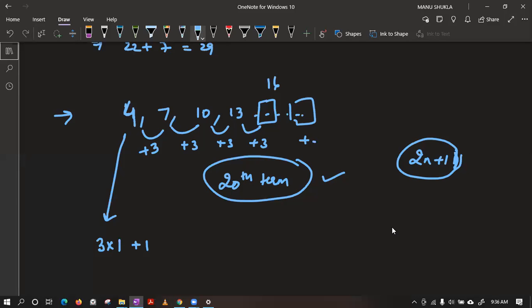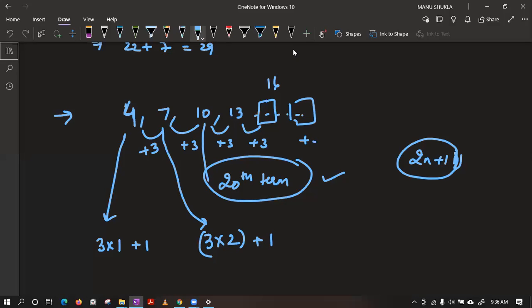So everyone is agreeing with me. Now what about 7? Can I write this 7 as 3 into 2 plus 1? Yes, I can write like this. So you can see I am trying to write the given numbers in a particular way so that I can write all the numbers in the same way.